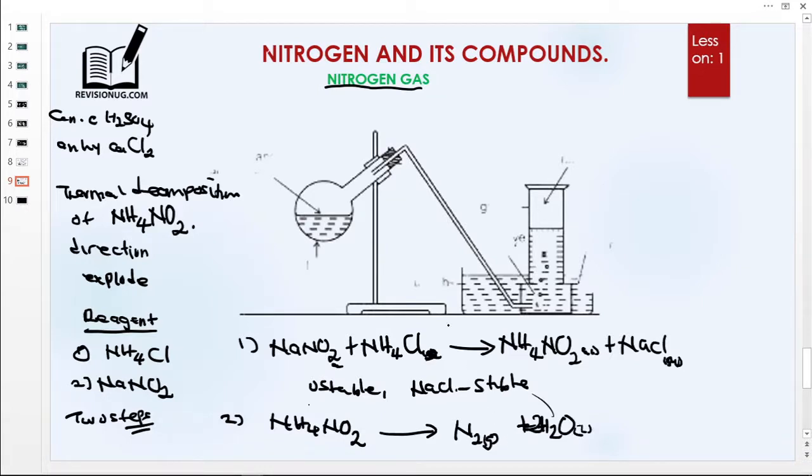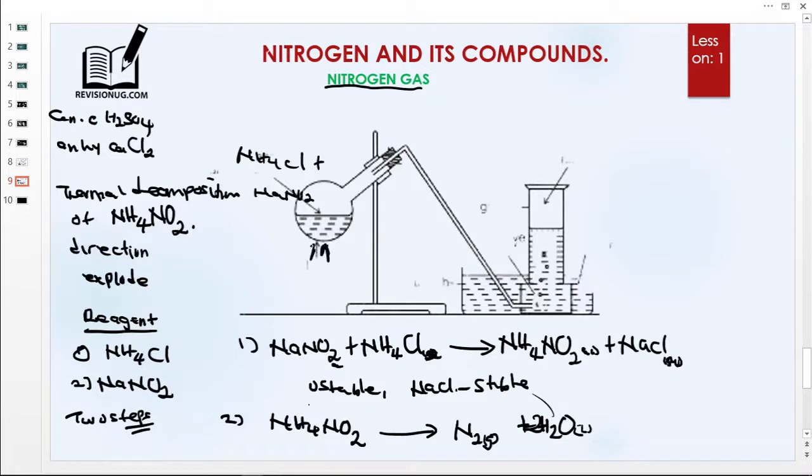So we have looked at the preparation of nitrogen using two methods, isolation and thermal decomposition of ammonium nitrite, and we've said ammonium nitrite is not decomposed alone, it can explode. So we use other reagents such as ammonium chloride with sodium nitrite to provide us with the ammonium nitrite, which will now decompose to give us nitrogen gas and water. In this flask here, we have a mixture of ammonium chloride plus sodium nitrite.